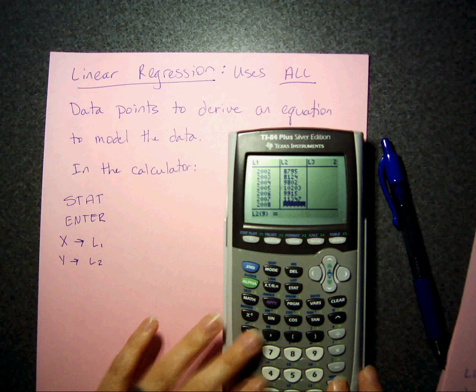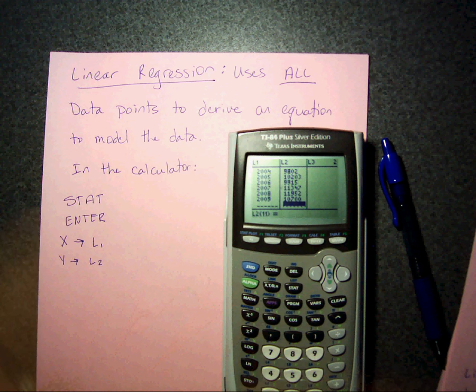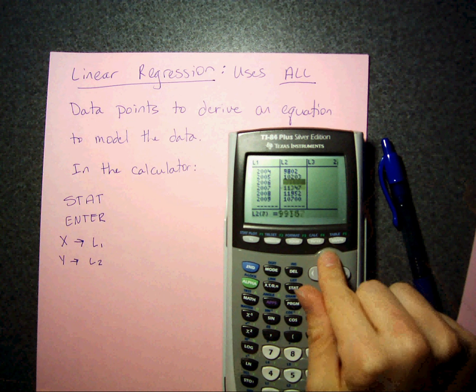Alright, so I have all my Y values. You probably want to go through and just double check that all your numbers are right. Once you enter them all in, you're going to go back to Stat.